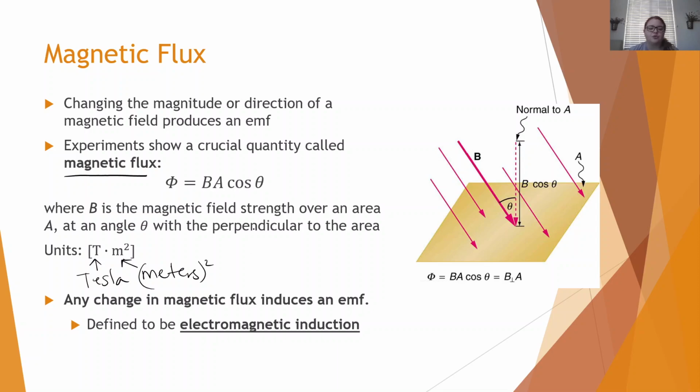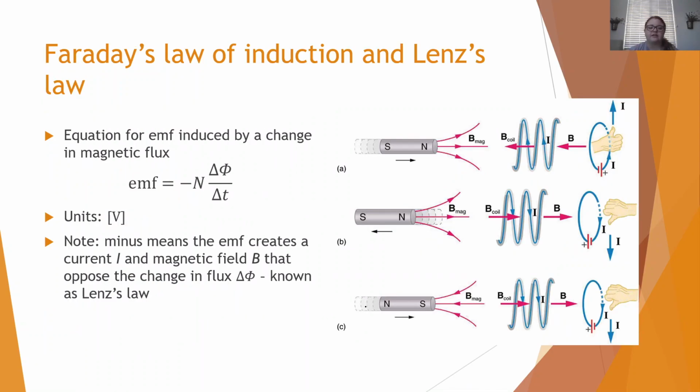An important note, I should say, is that any change in magnetic flux induces an EMF, which is defined to be electromagnetic induction. So a change in magnetic flux induces an EMF or some voltage change. So let's look at that.